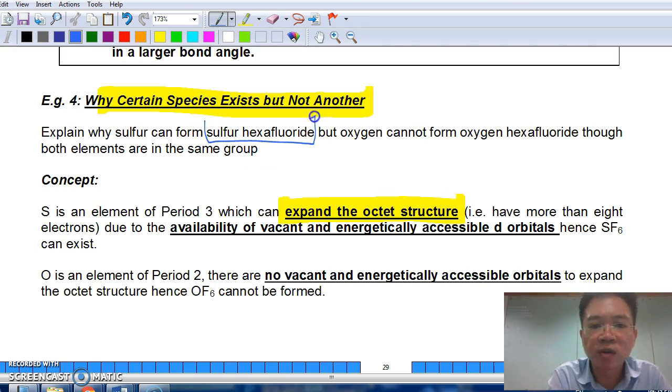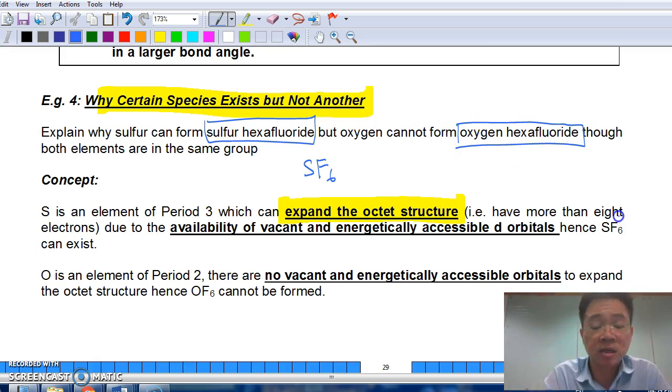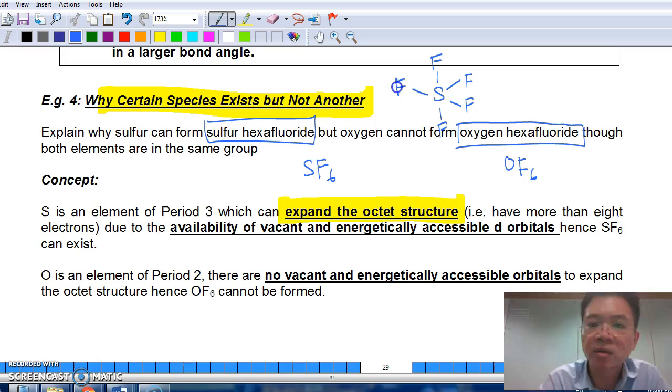One is sulfur hexafluoride, which is SF6, and oxygen hexafluoride, OF6, does not exist. If we were to draw SF6, it looks like this, which we have seen just now in the first example.